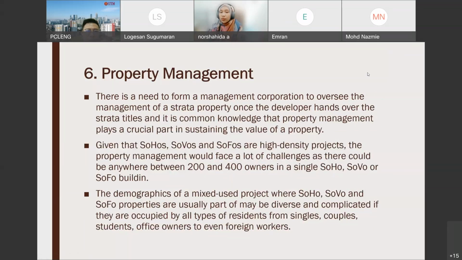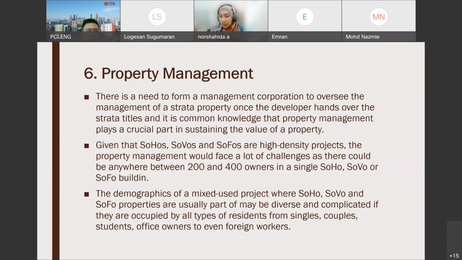Given the SOHOs are high density project, the property management face a lot of challenges as they could be anywhere between 200 and 400 owners in a single SOHO building.